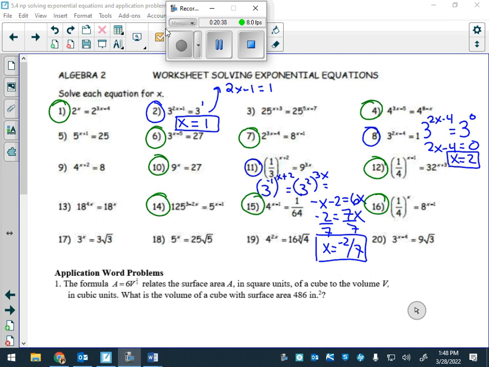So we have negative 2x equals 3x minus 3. Subtract the 3x. Negative 5x equals negative 3. Divide by negative 5. X equals 3/5.